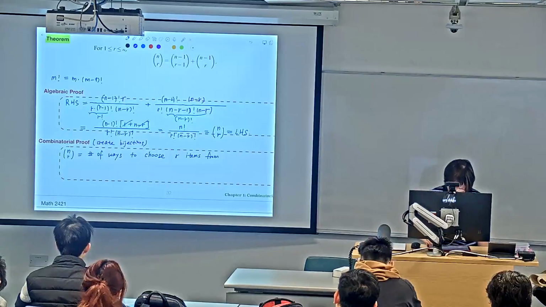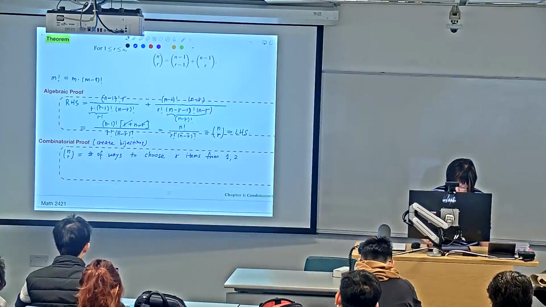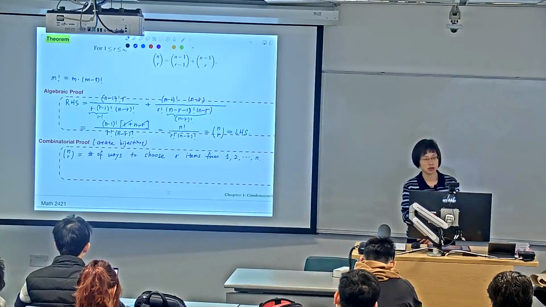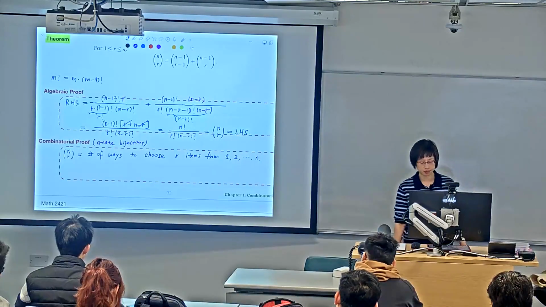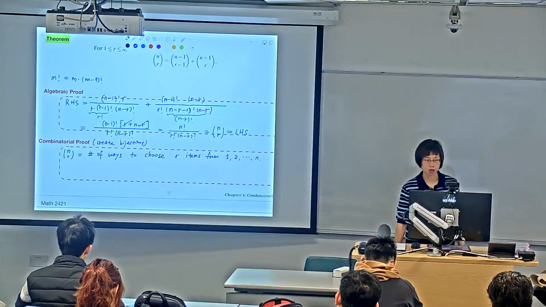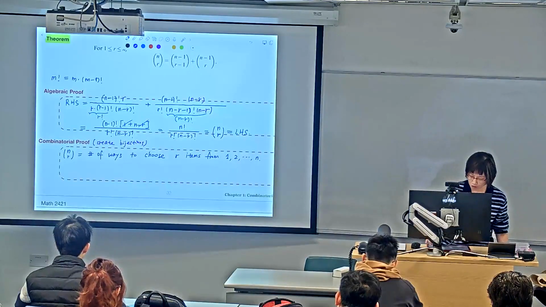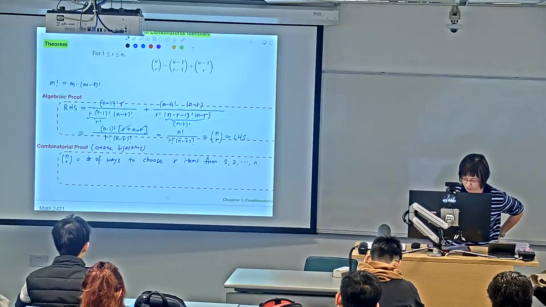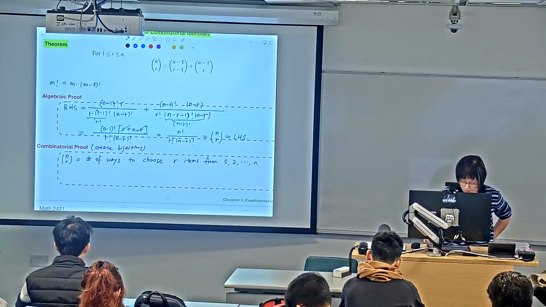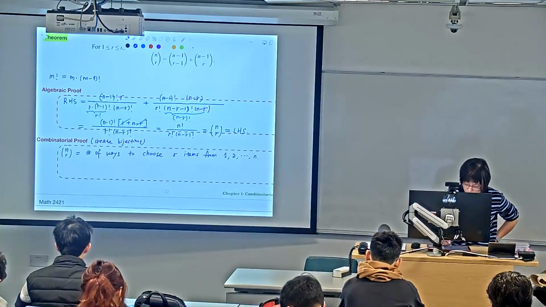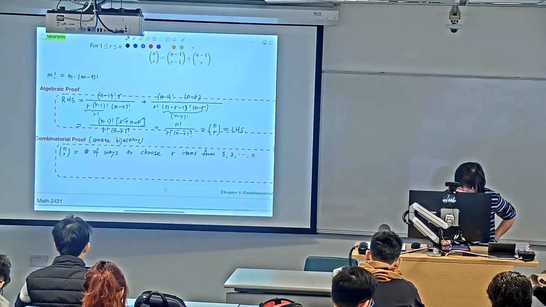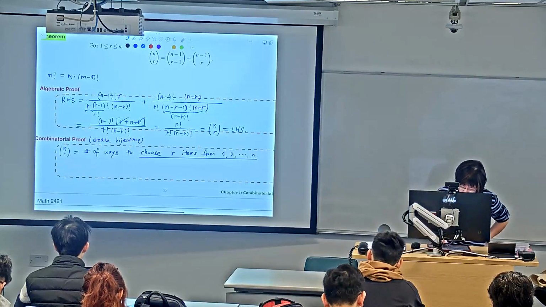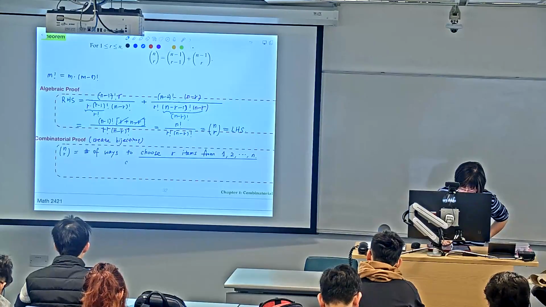So let's just assume these numbers are 1, 2, up to n. Okay, we show the right-hand side is also such a number, but we count differently. Let's also choose our items from 1 to n. You can do it in different ways, so we consider different cases.